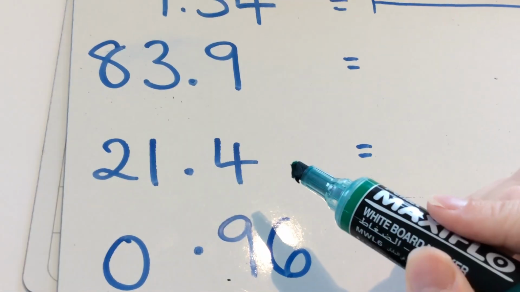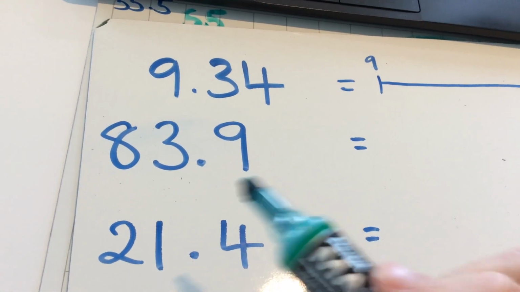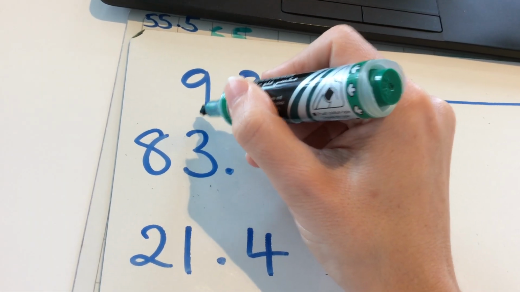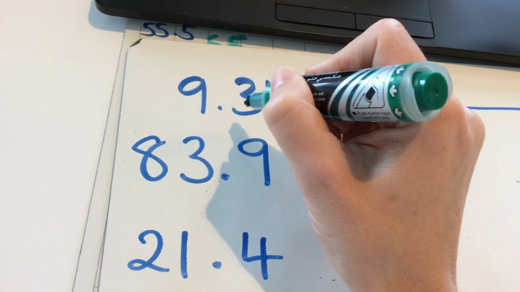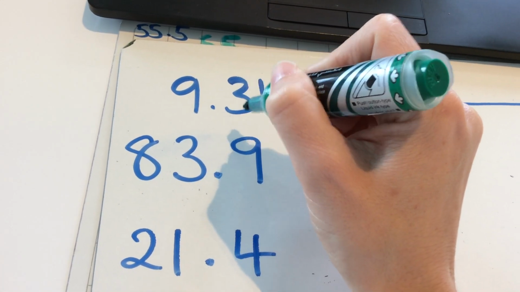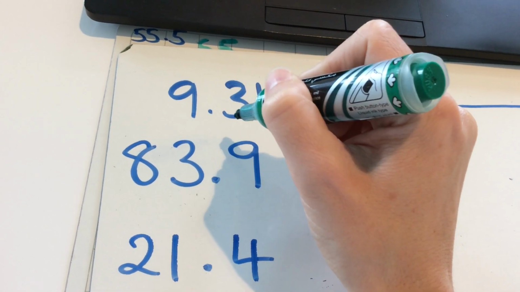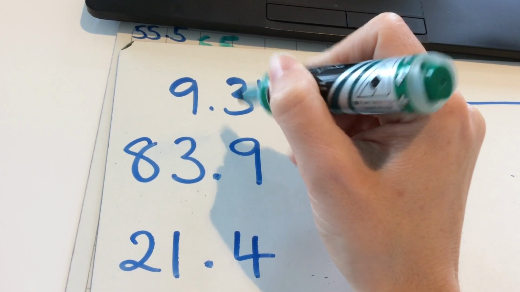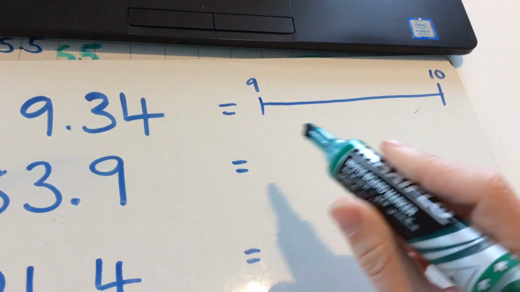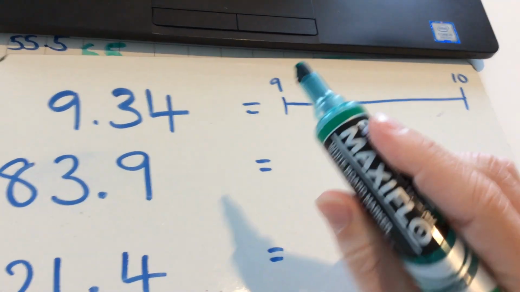But maybe when you get to this bit, you feel a bit more confident with just using that rule. So if we're always rounding to the nearest whole number, we've always got to look at the next digit on the right, and that will tell us whether we're rounding up or down. Okay, so that's our 3. So we're going to round it down. Rounding it down would be to 9.